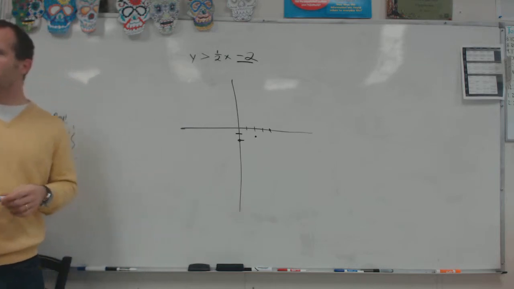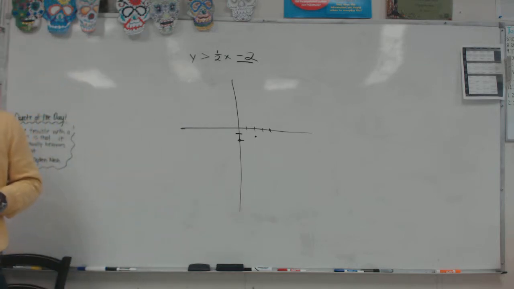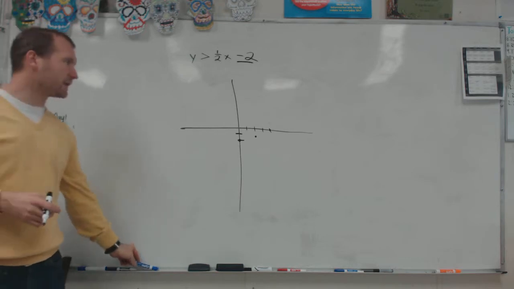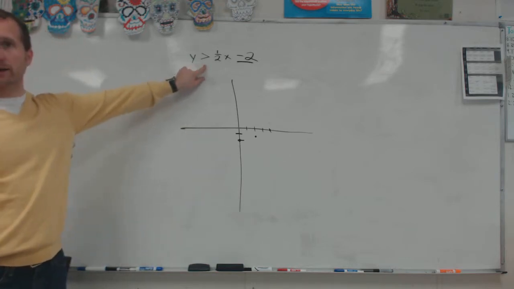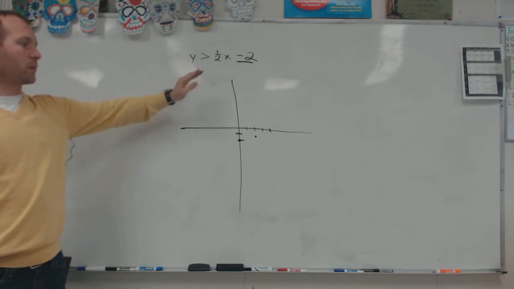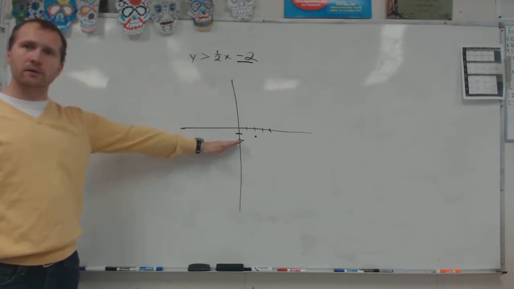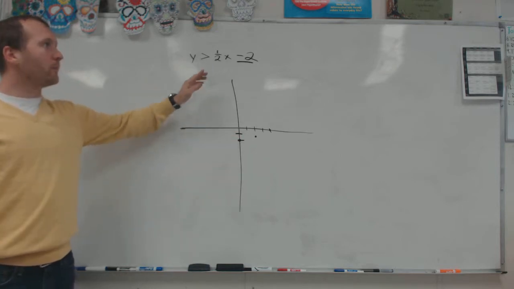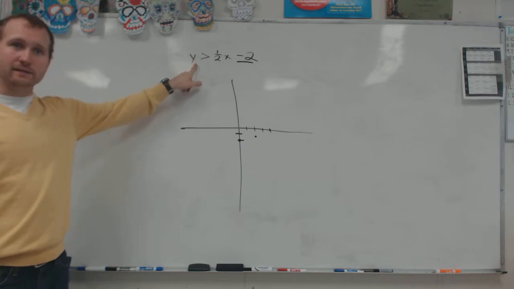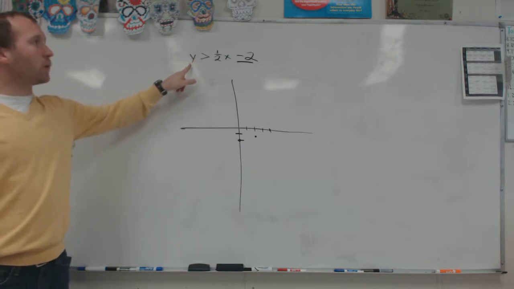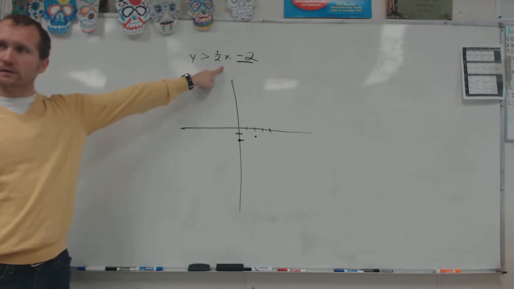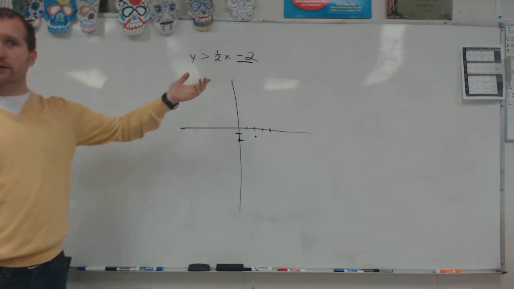Now, here's where it gets a little bit different. If this were a line, it would say y equals 1/2 x minus 2. We would draw a solid line going through those points. But in this case, does the y equal this? No, it's greater than.